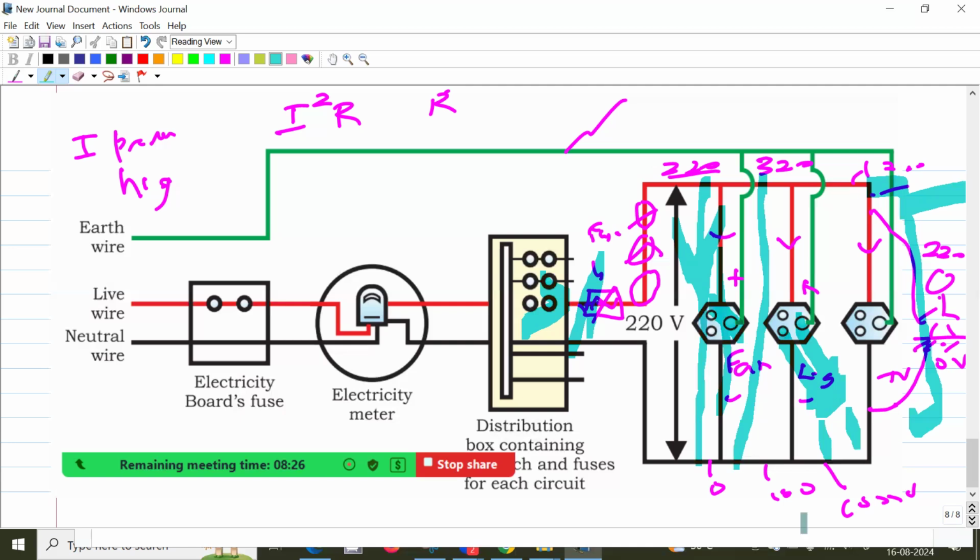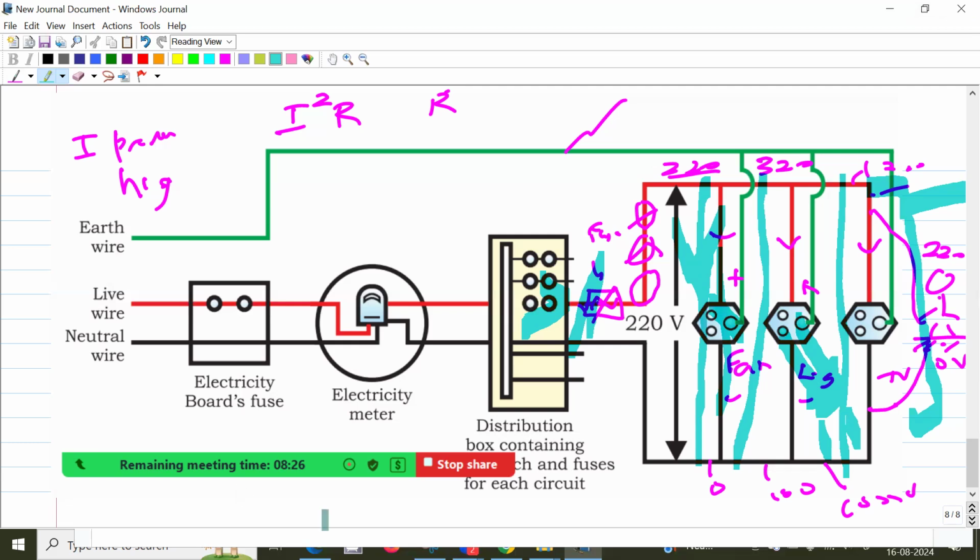If you place a metal joining this and this, then obviously it is a short circuit and the current will increase. But what actually happens is that whatever device is connected, something goes wrong inside it and a zero resistance path is created. That will increase the current. Okay, sir. Thank you, sir.